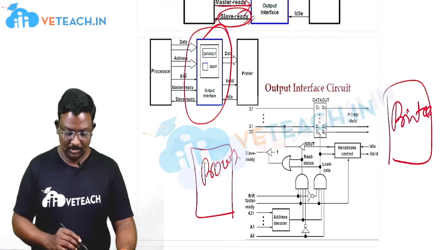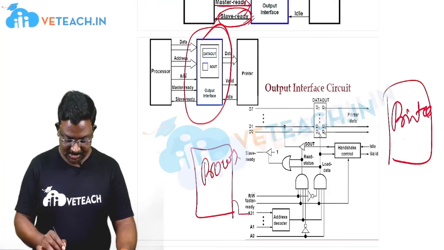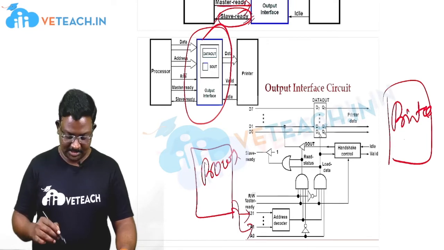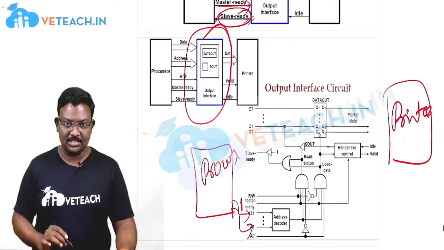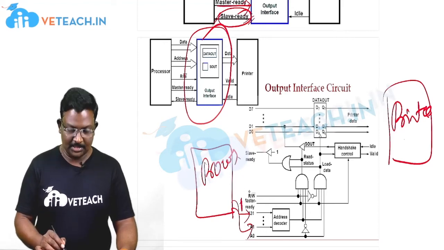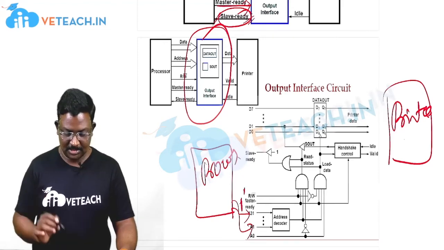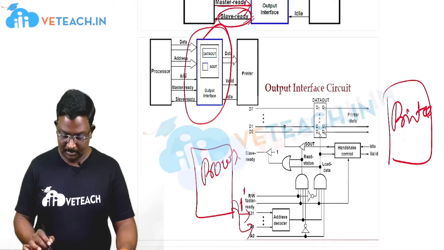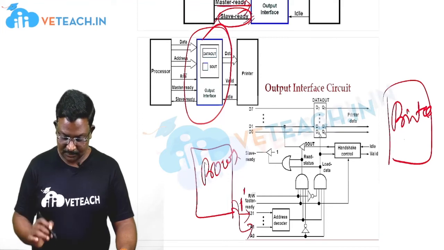The processor initially sends the address onto the address line, and along with that the master ready signal is sent, and along with that we are sending the write signal also. So the write signal is given as 1 here.